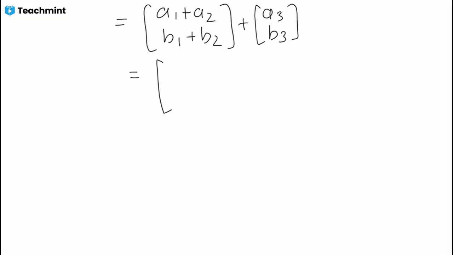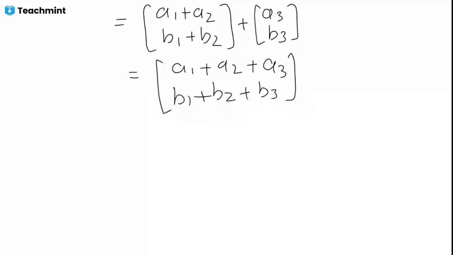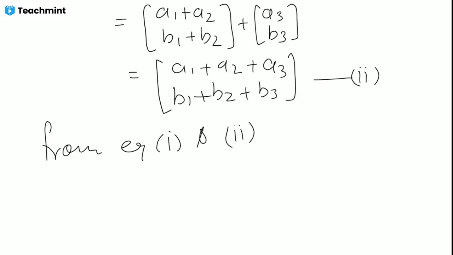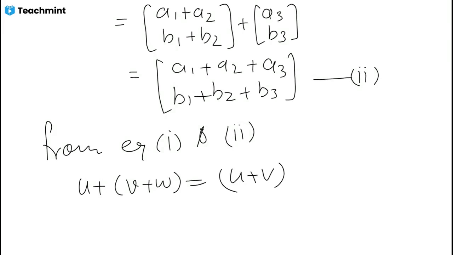Now let us add them also. So A1 plus A2 plus A3 and B1 plus B2 plus B3. This is equation 2. So from equation 1 and 2, U plus V plus W is equal to U plus V plus W. Both are equal.